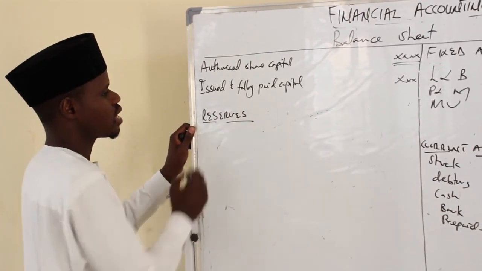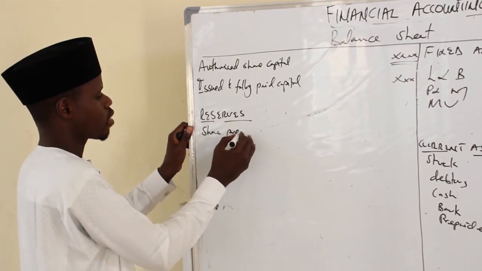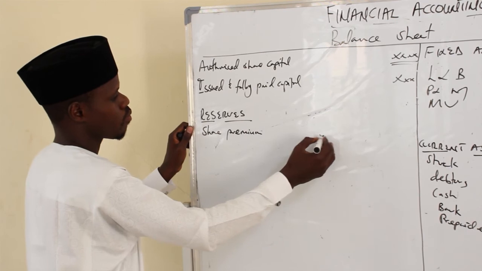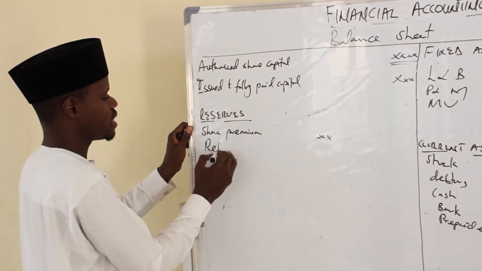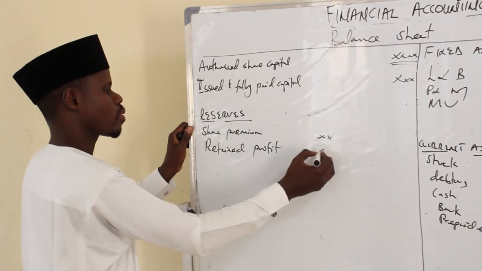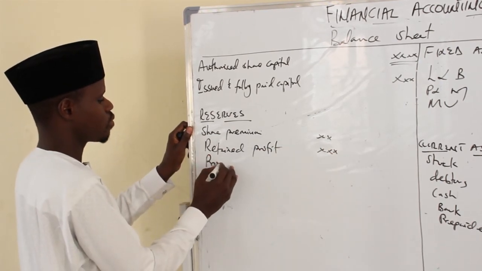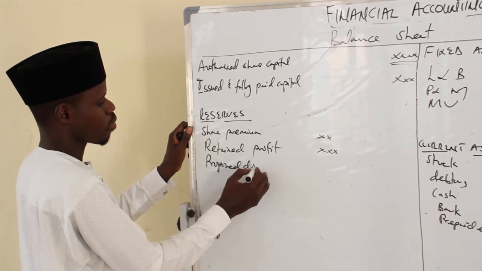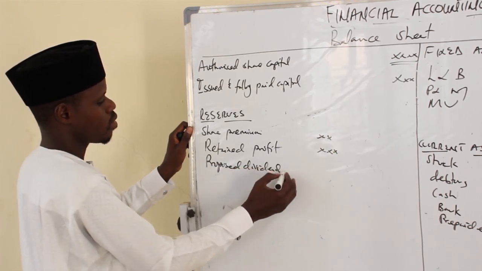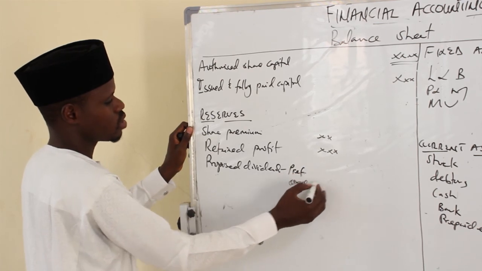Under these reserves, we are going to have share premium. We are going to have the retained profit. We are going to have the proposed dividend for the preference and for the ordinary shareholders.